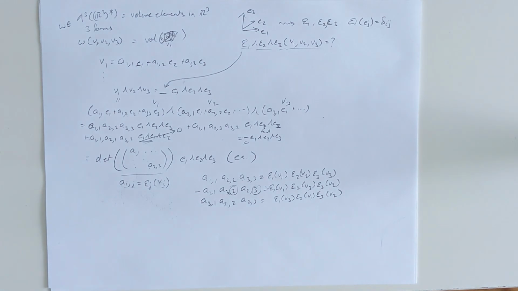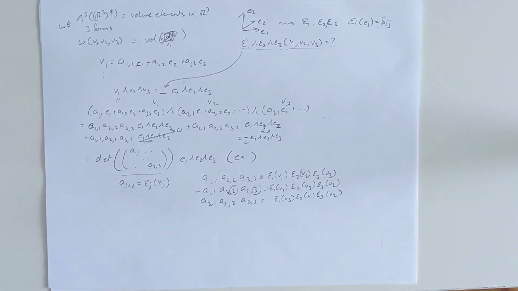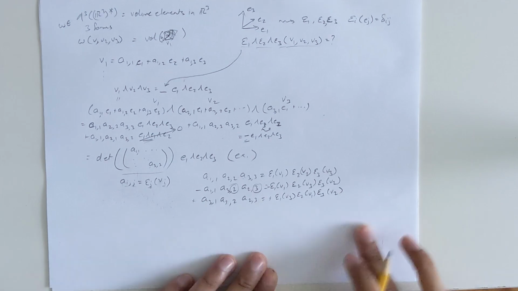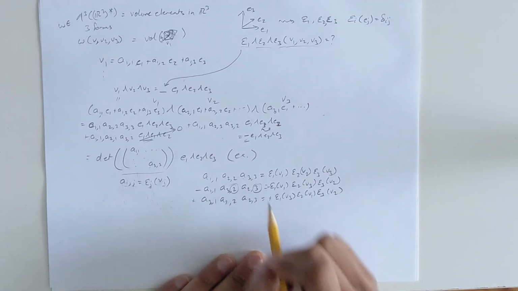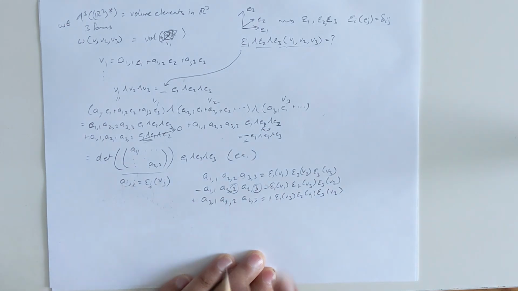So this one actually would be with a positive sign. And the way that I determined that was the number of sign flips that you do, the number of negative signs, is the number of times that you switch basis vectors.